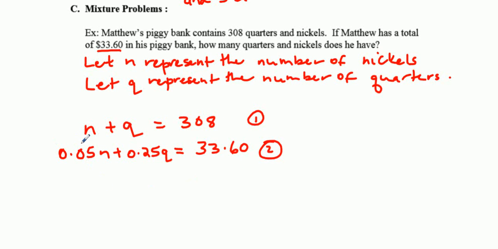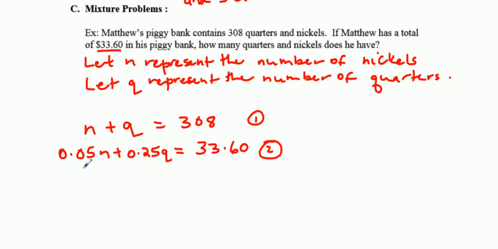So I don't have a coefficient in front of my N's that's the same. I don't have a coefficient in front of my Q's that's the same. So I'm going to change number 1 so that it's the same as number 2. I think I'm going to need a calculator. Just hang on.